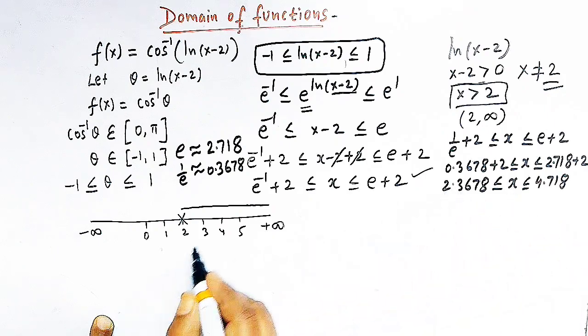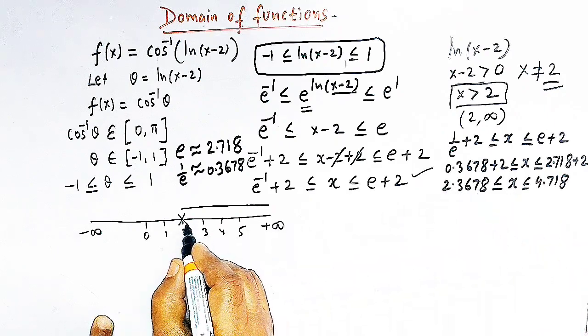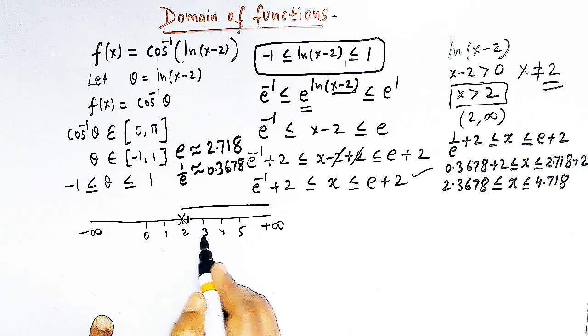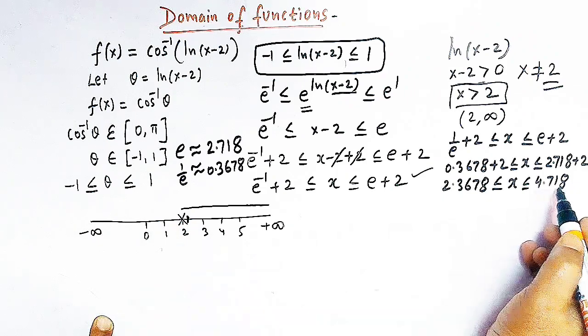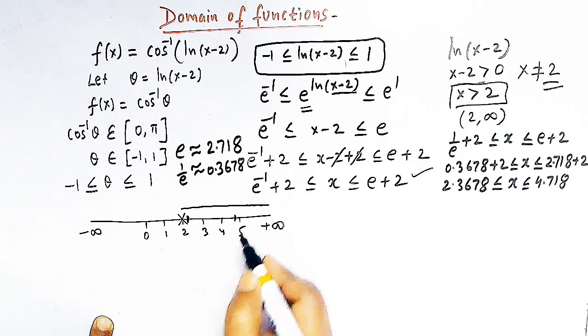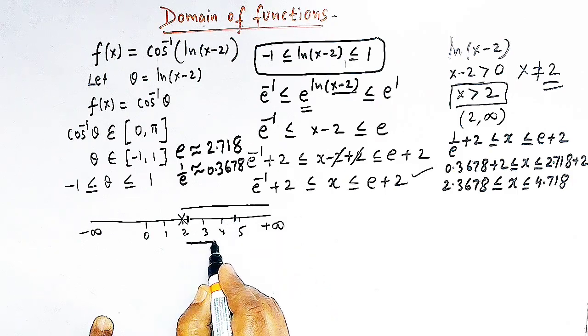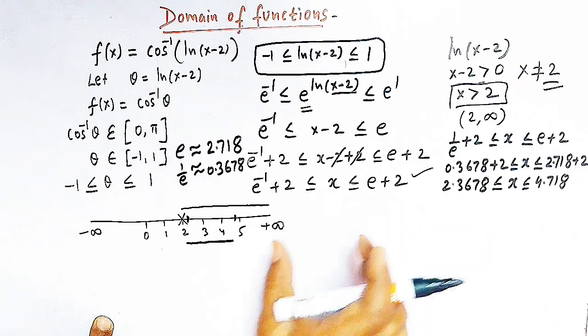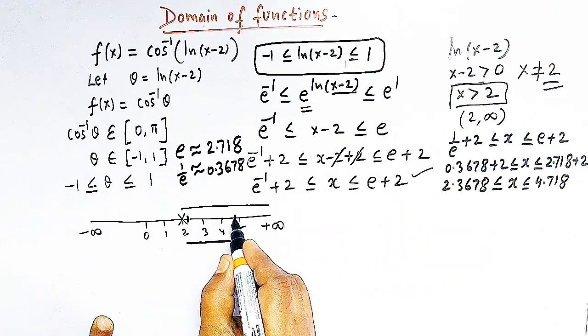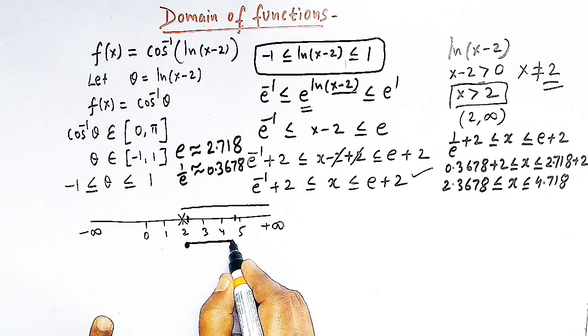So 2.3678 lies somewhere here, right, between 2 and 3, and this number 4.718 lies somewhere here. So this inequality can be represented like this, including both these points, right?